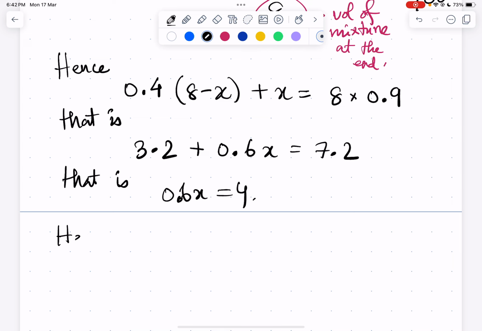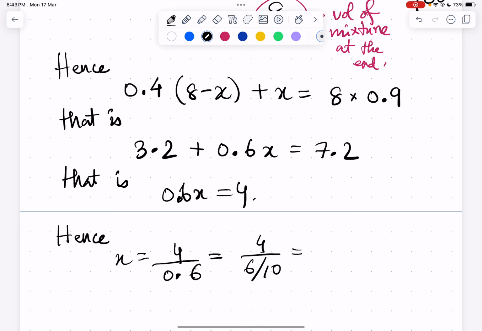Hence x equals 4 by 0.6. So 0.6 is just shorthand for 6 by 10. So this is the multiplicative inverse of 6 by 10. This is 10 by 6 times 4. This is equal to, 2 2s are 4, 2 3s are 6, this is 20 by 3.